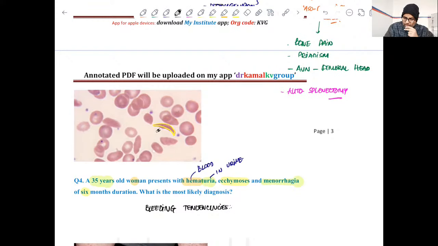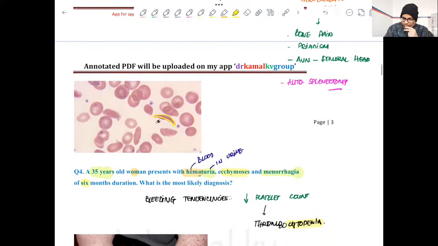This suggests that there is a decrease in platelet count, and that is known as thrombocytopenia. Cytopenia is less cell count.